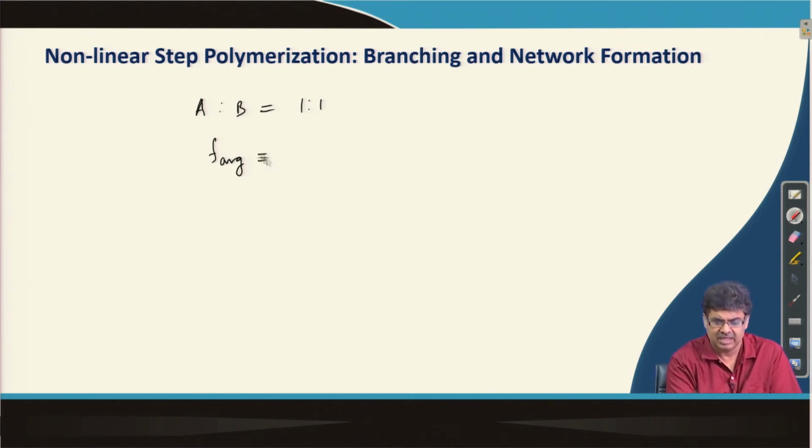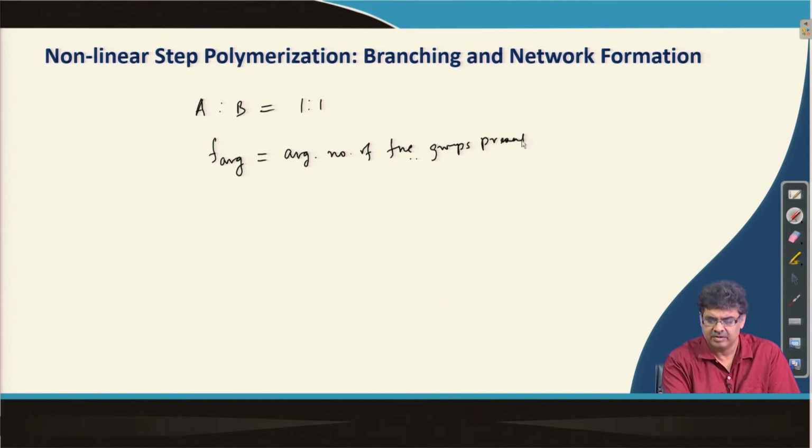We define f average as the average number of functional groups present per molecule, which equals the summation of N_i f_i divided by the summation of N_i.